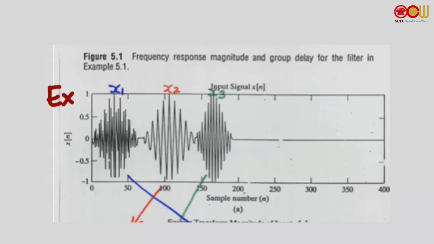This part is x1, the fast varying one. Then x2 is this part, the slowly varying one, much slower. And x3 is in the middle in terms of frequency between x1 and x2.